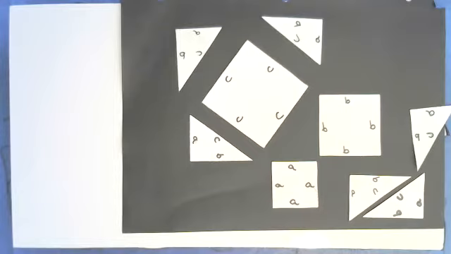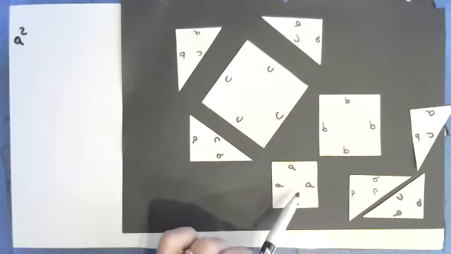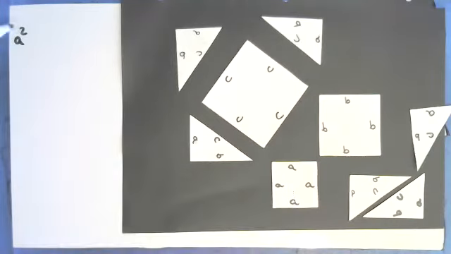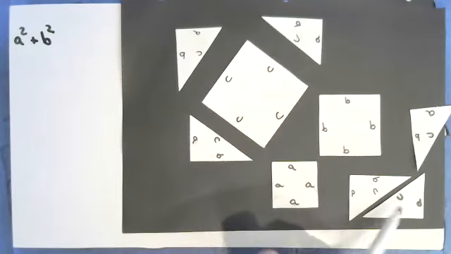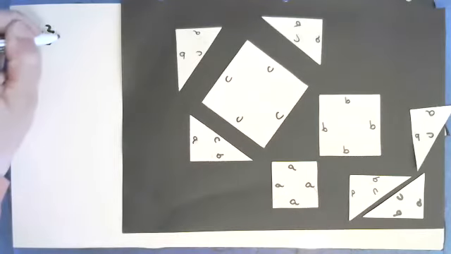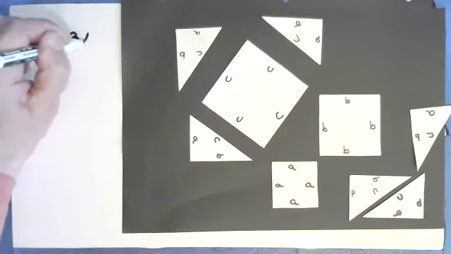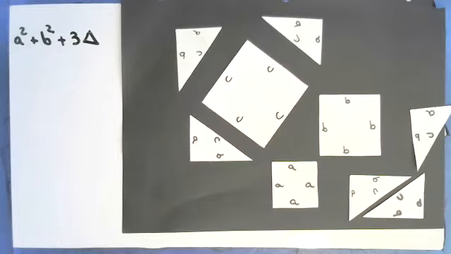What we see algebraically is that for this piece down there, we had A squared, the area of that square, plus B squared, the area of this square, plus 3 times the area of the triangles. So we'll say 3 times the triangles.